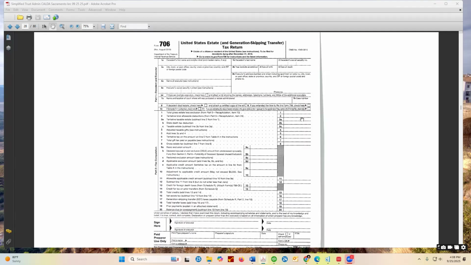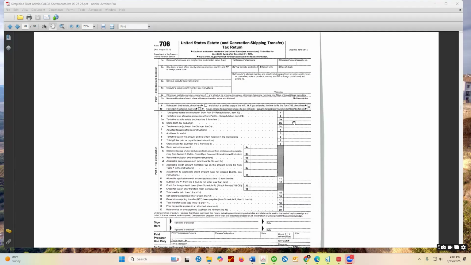And then we get into the listing of the assets, and there are work schedules on page 3 where you list the details of the total assets in the estate, and the liabilities are subtracted, deductions.